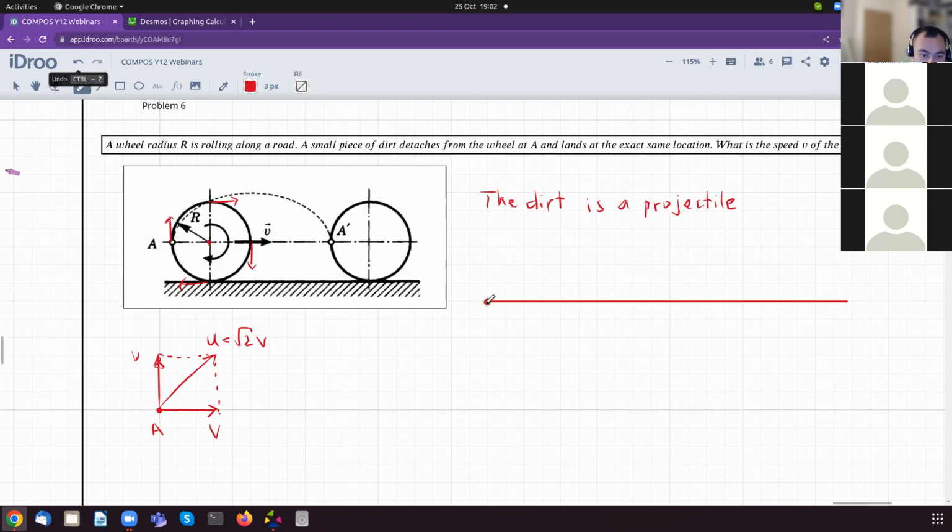So this is A, and this is A prime, and it goes like this. How do you know that the horizontal and vertical components are equal?